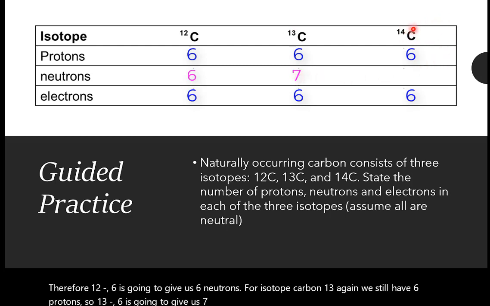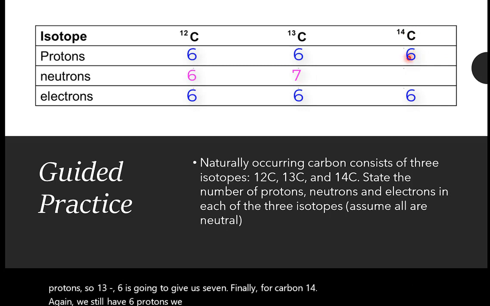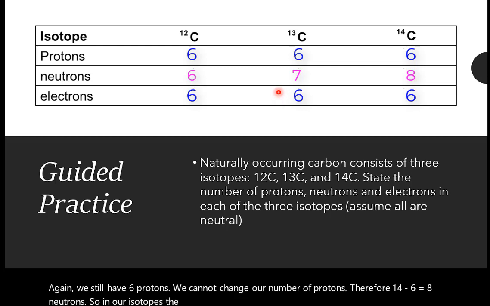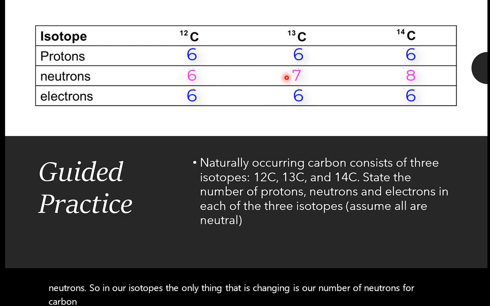Finally, for carbon-14, again, we still have 6 protons. We cannot change our number of protons. Therefore, 14 minus 6 equals 8 neutrons. So in our isotopes, the only thing that is changing is our number of neutrons. For carbon-12, that is 6. Carbon-13, that is 7. Carbon-14, that is 8.